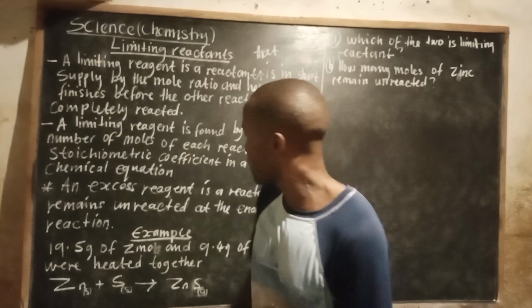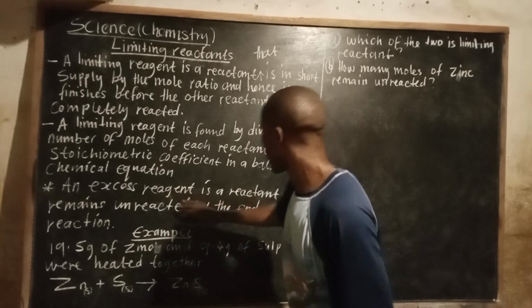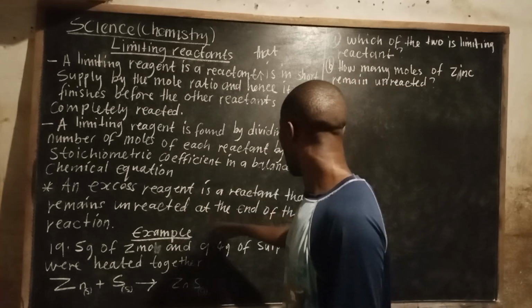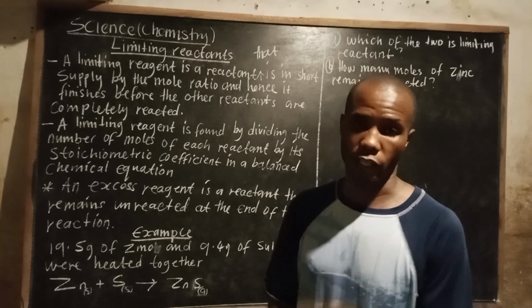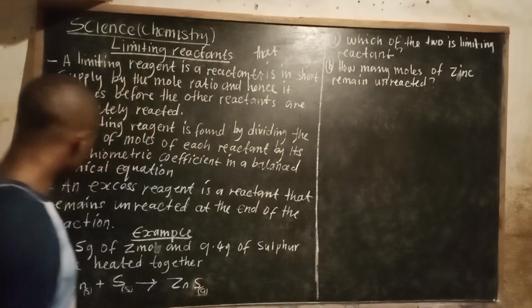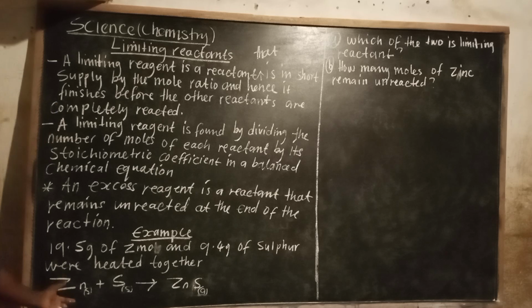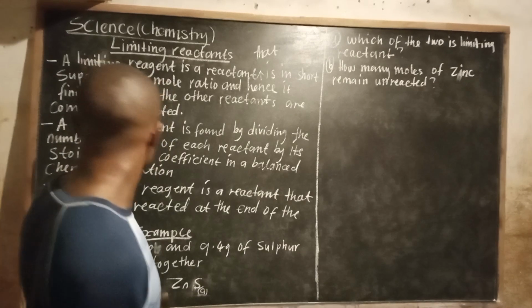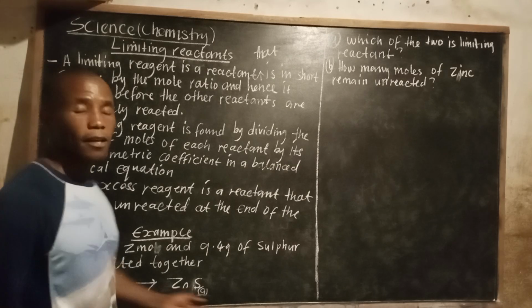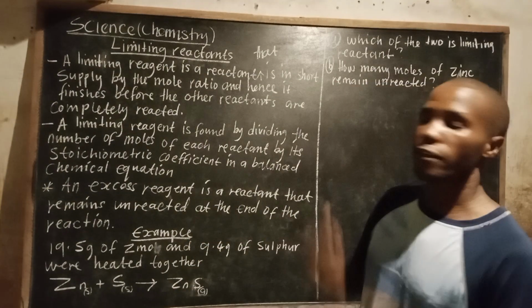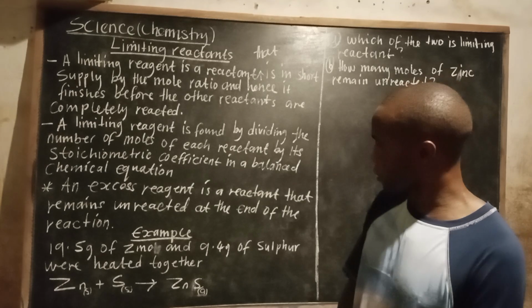What is an excess reagent? An excess reagent is a reactant that remains unreacted at the end of the reaction. So remember, there are some reactants that remain unreacted after the reaction has taken place. This is known as excess, okay? Excess what? Reagent. That is what they are called.